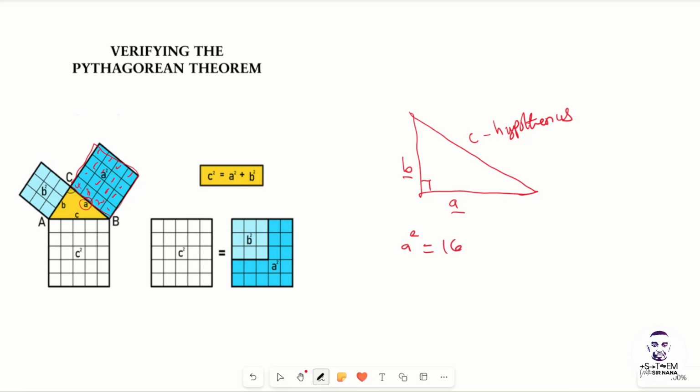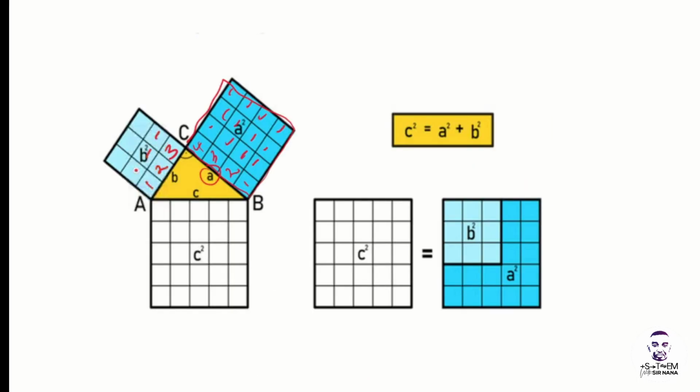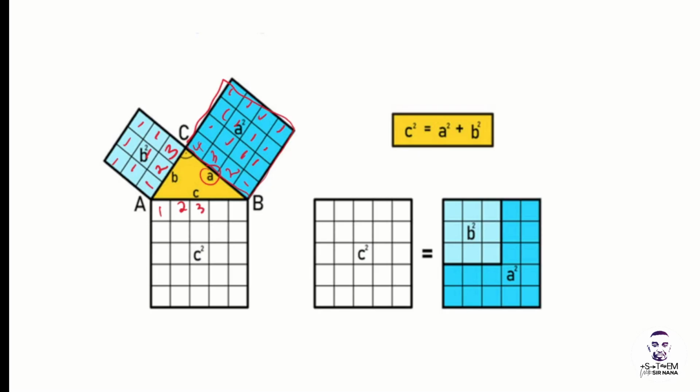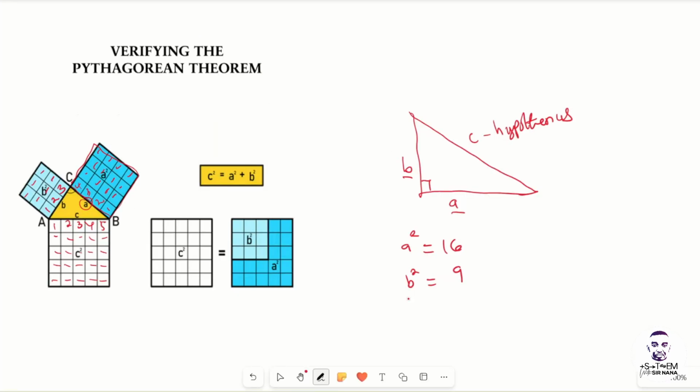Now when we consider our B, it has 1, 2, 3, 4, 5, 6, 7, 8, 9. So our B squared is equal to 9 in terms of the number of square grids. And then our C has 1 up to 25 boxes, so our C squared is equal to 25.